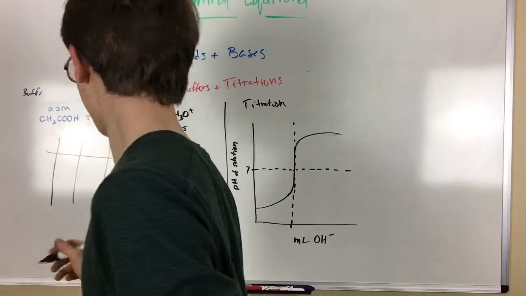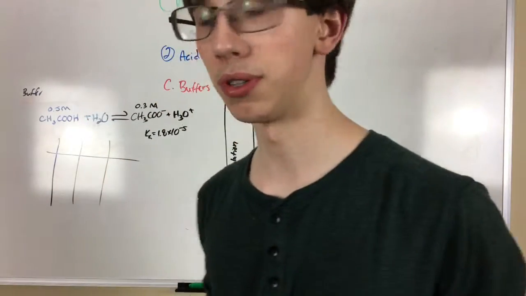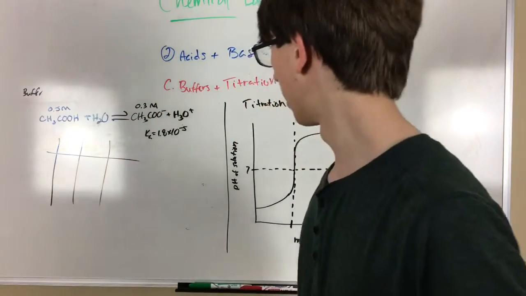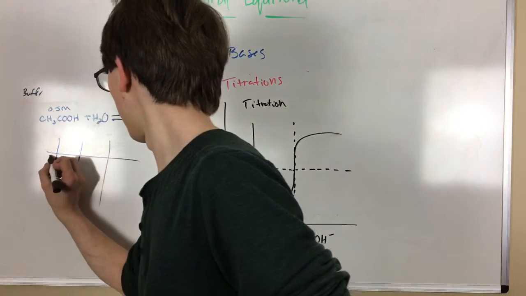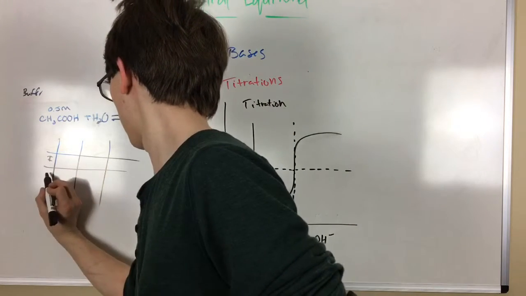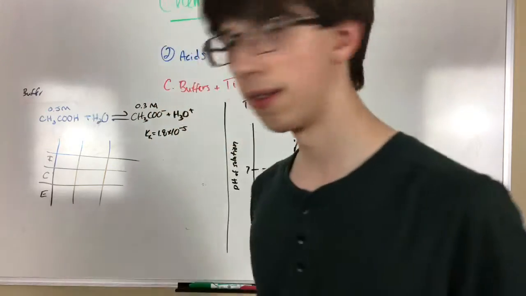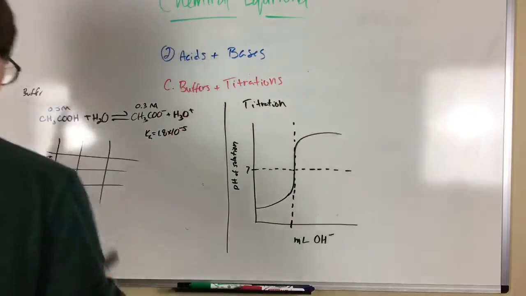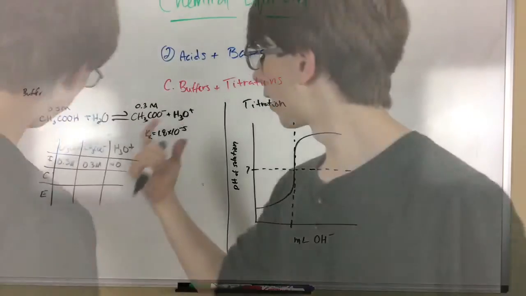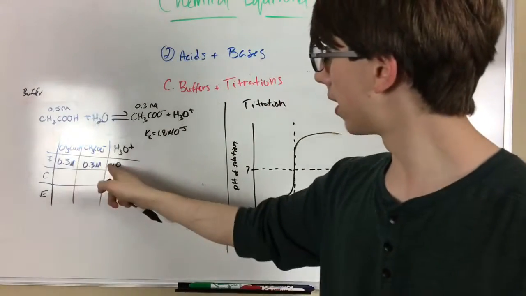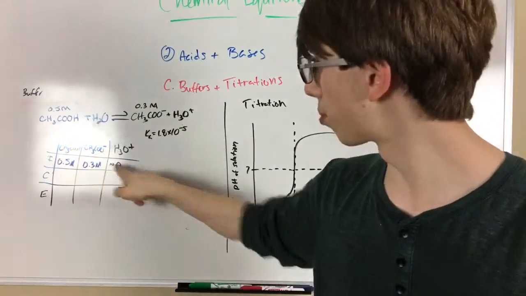Ignoring water once again, because water doesn't contribute to this calculation. ICE. I'll just fill this out. The reason why I put this little squiggle in front is because this means approximately 0.